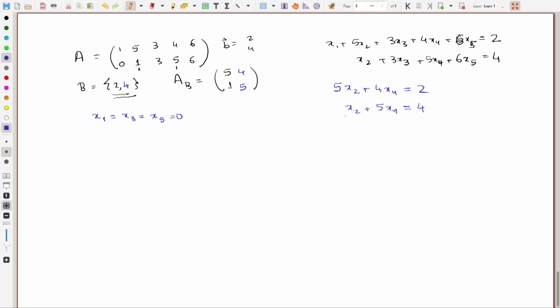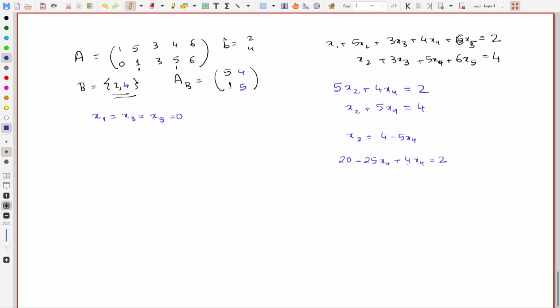So, now okay, so x 2 is equal to 4 minus 5 x 4. So, 5 x 2 is 20 minus 25 x 4 plus 4 x 4 is equal to, this is also becoming negative. So, actually positive only.